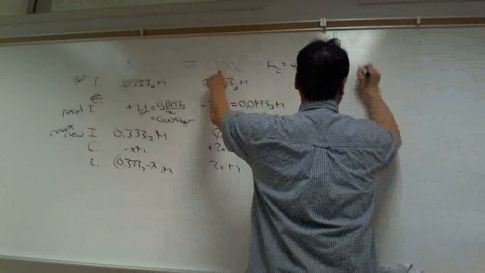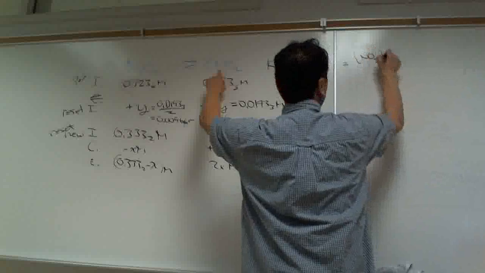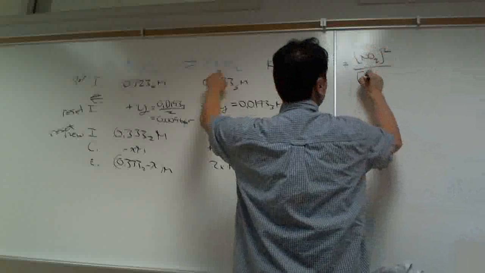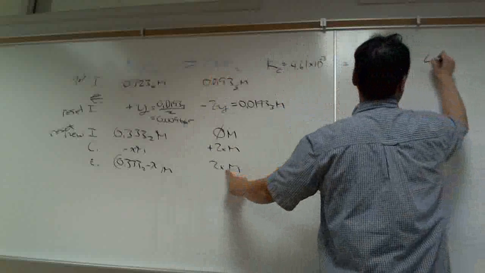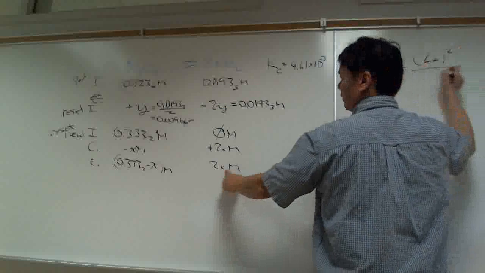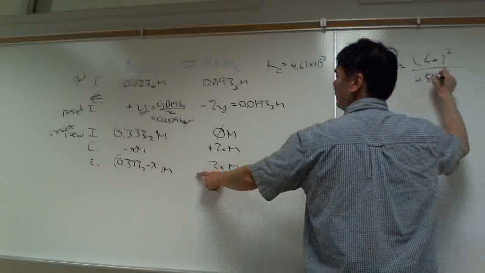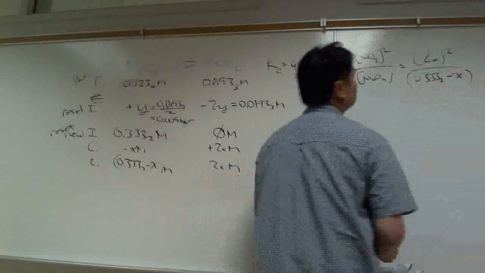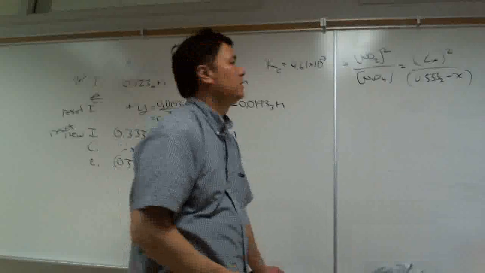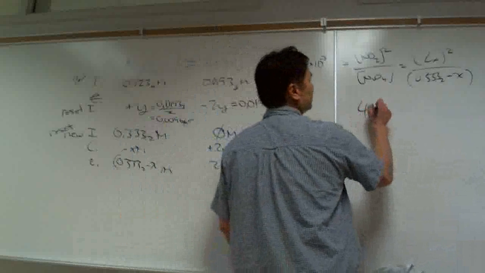Plugging in Kc. Kc was the NO2 concentration squared divided by the N2O4 concentration at equilibrium. So this is going to be 2x quantity squared divided by 0.3332 minus x. And then we'll get it into quadratic form. This is going to be 4x squared.